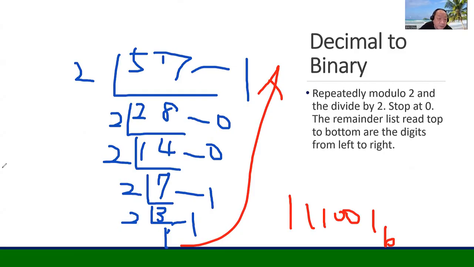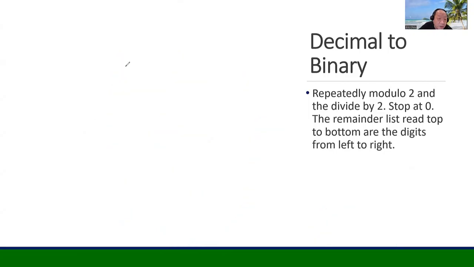Okay. Now, can you try 43 by yourself? Convert it from decimal to a binary value. Use pen and pencil to do it. Use the way that I taught you. You need to convert it, okay? Because in the exam, they really will test you on this. That's why we are preparing you for it. Can you do that? So go ahead, do that, and let me know when you get the result.